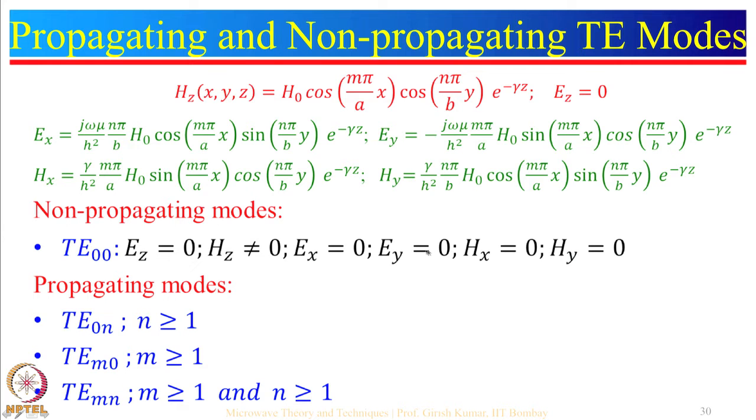Since all the transverse field components are 0 in this mode, the wave will not propagate in this mode. So TE00 mode is a non-propagating mode in TE propagation.